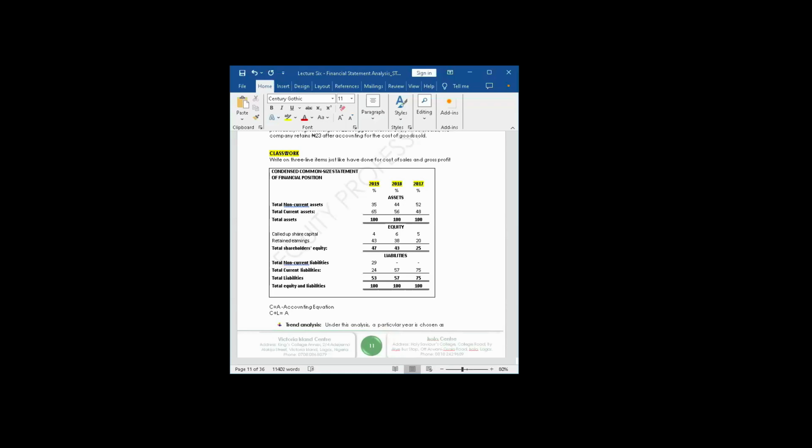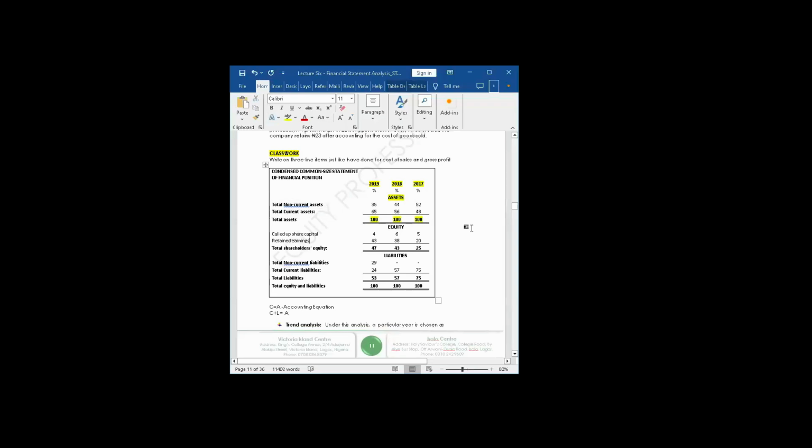And now, if you look at this common size statement, here we have the assets of the business, and you can see that the asset is made up of the non-current assets and the current assets. And we have the total here, 100%.